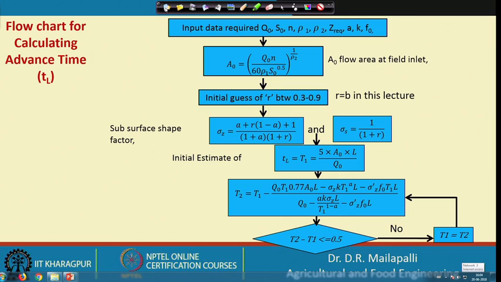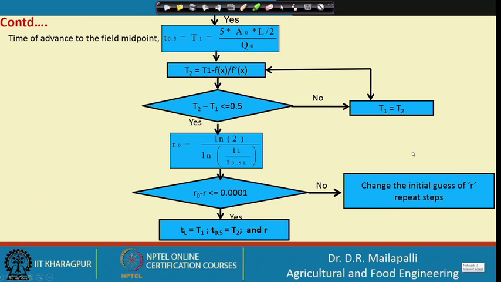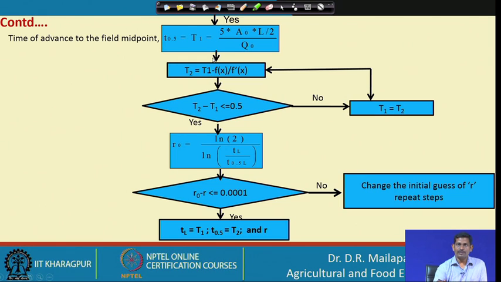So, then you will get what? By the way, we are targeting the advance point at the field end here, right, at the field end. So, here L into T, that is why we substituted x as L, right, remember L. So, continuing this, if T 1 and T 2 are very close, okay, then you got the advance point at the field end.